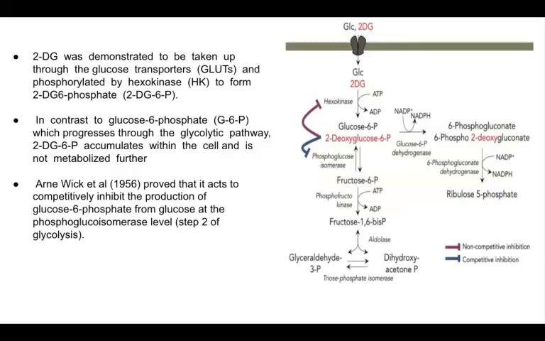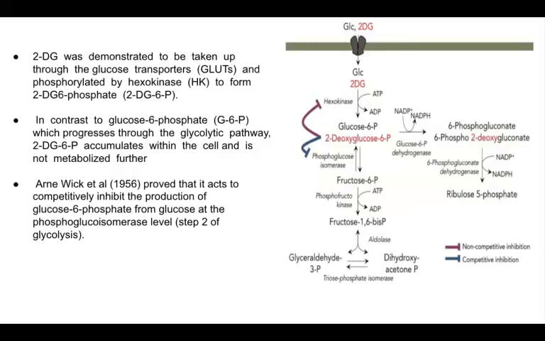So 2DG blocks two key enzymes catalyzing glycolysis. It non-competitively blocks hexokinase and it competitively blocks phosphoglucose isomerase. And these processes as well were proved to be inhibited by 2DG early in the 1900s.